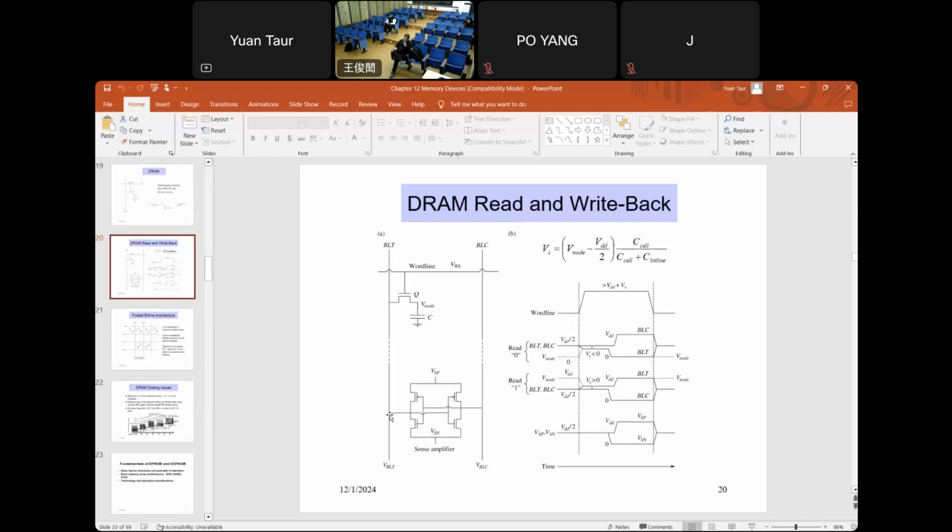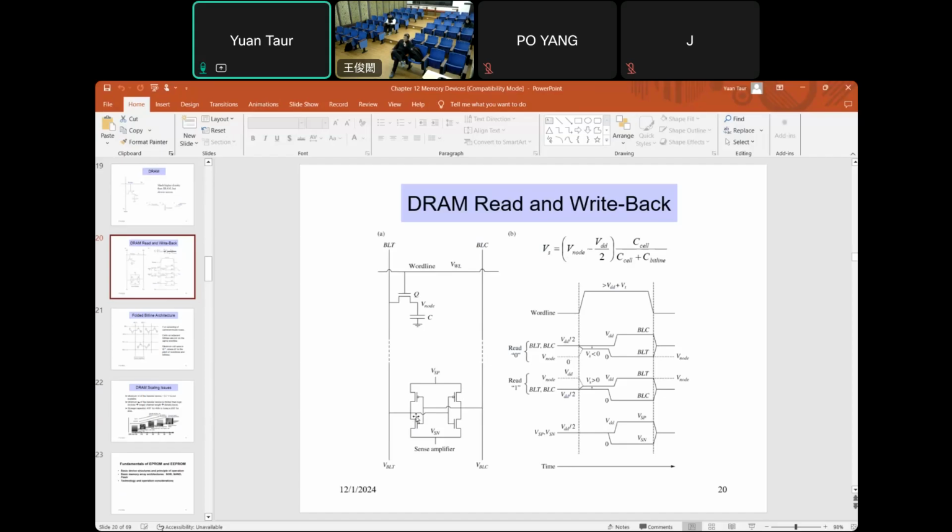Well, it depends on whether the left side is higher than the right side, or whether the left side is lower than the right side. Okay, in the read 0 case, the left side is lower than the right side. The right side is VDD over 2. The left side is a little bit lower.